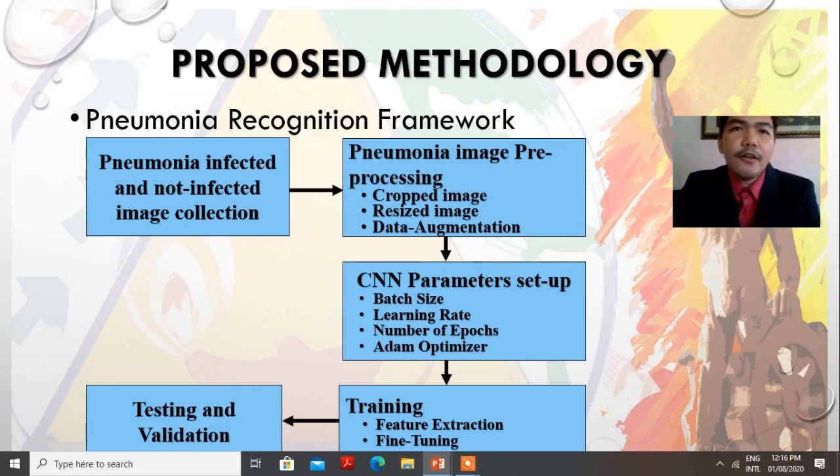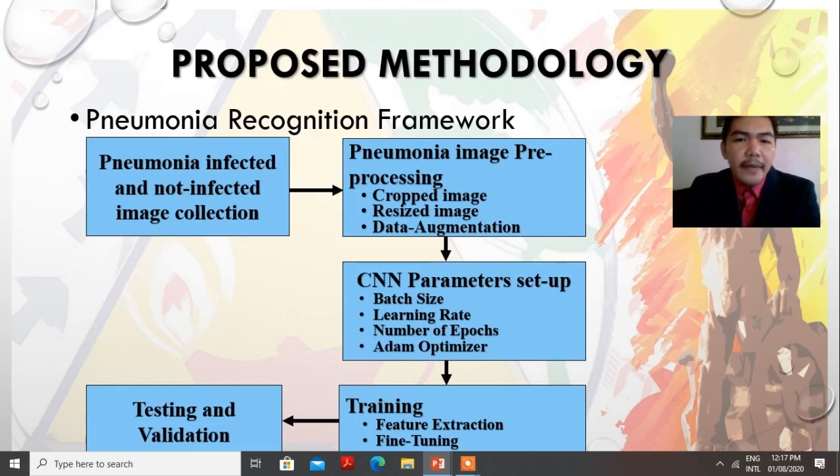It consists of a total of 28,000 chest x-ray images that are publicly available. The images that we collected are in JPEG format, and are categorized into 2 classes: pneumonia, disease infected, and the normal or not infected with pneumonia.